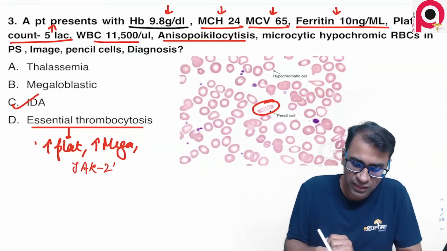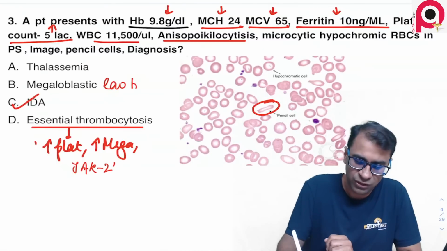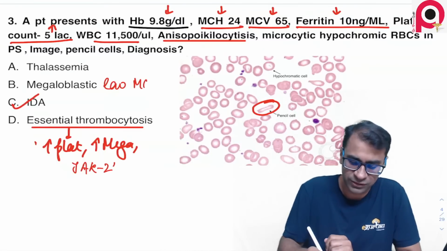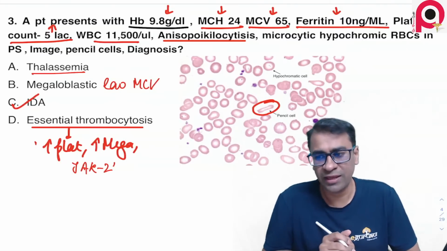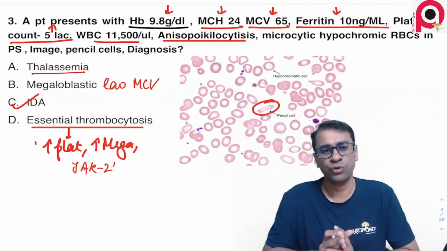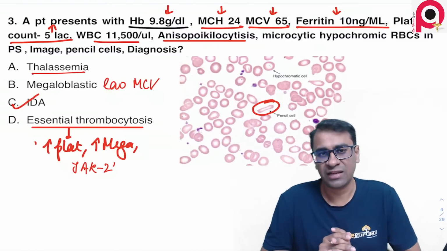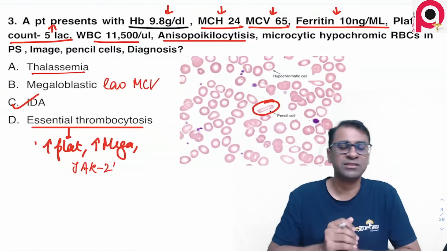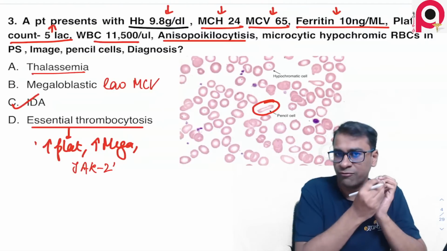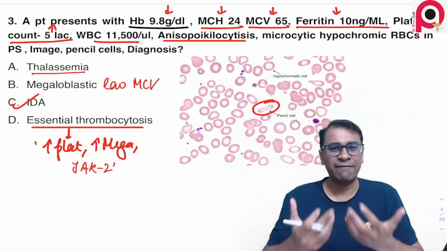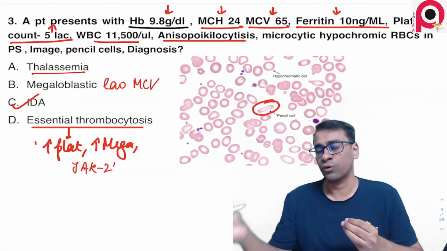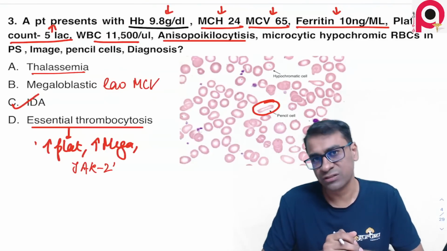Why is it not megaloblastic anemia? Obviously because of low MCV. With low MCV, you cannot answer megaloblastic anemia. And why not thalassemia? Because thalassemia will not show pencil cells, and will not show low ferritin levels. Thalassemia often has slightly higher ferritin levels, because as you give more and more blood transfusions to those patients, they often develop a slight amount of secondary hemochromatosis, because of which the ferritin levels increase.